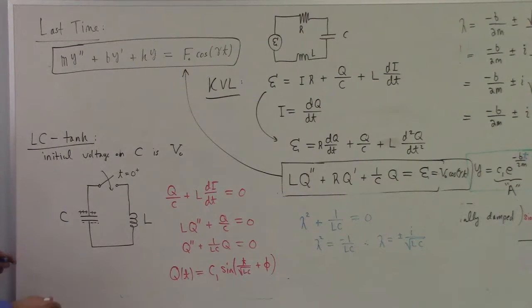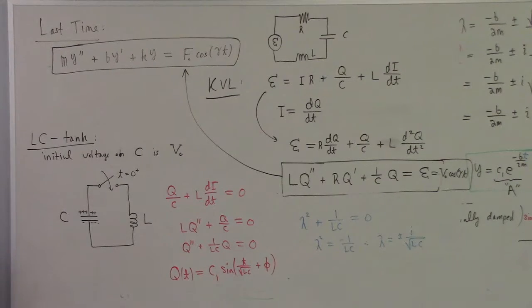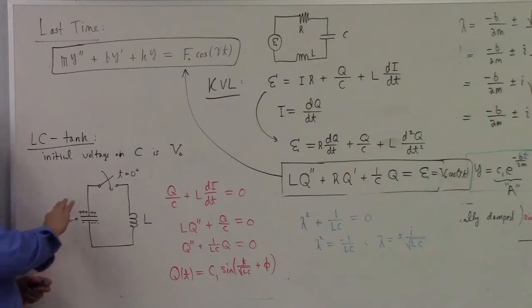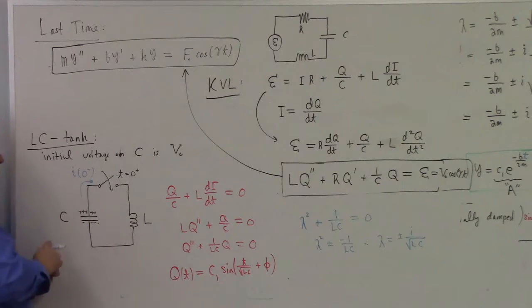I'm sorry, guys. So, what are the initial conditions here? How do inductors work? They resist an instantaneous change in current. So, what's the current flowing here at a time just a little bit before 0?